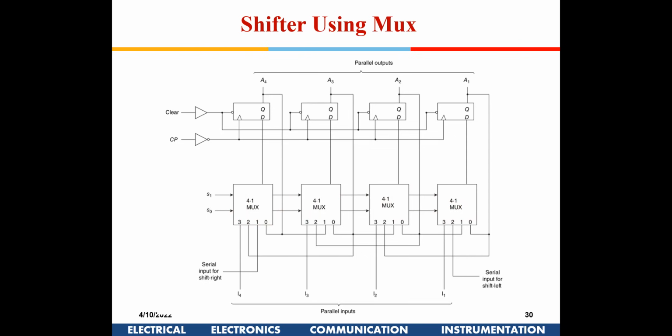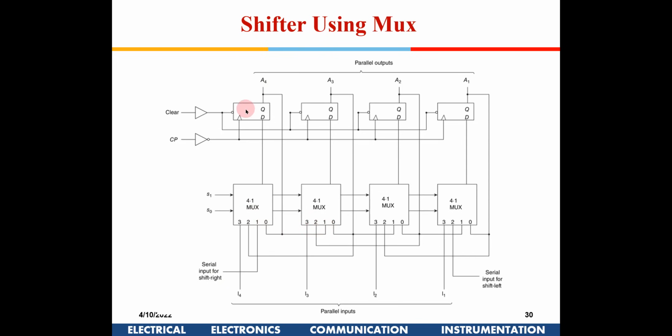Is it okay with all of you? If I give 0 1 here, if you see here, this data is 0. This is the register, right? This previous data is available here. You can give here 0 for logical shift, but this 1 is coming from the previous bit.